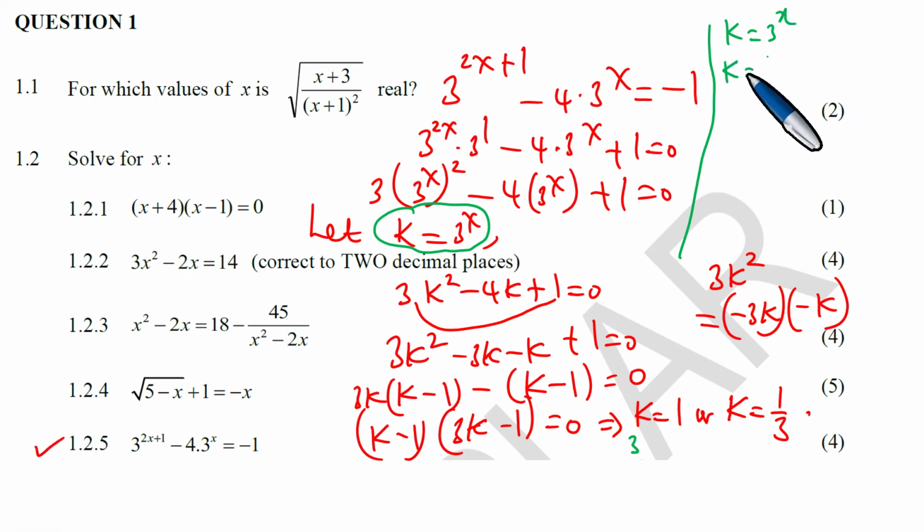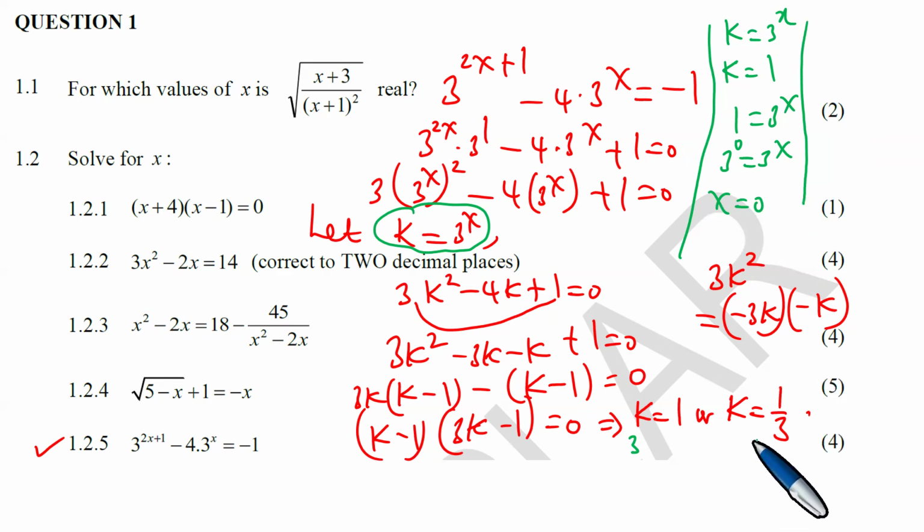For instance, case 1, k equals 1. So you put 1 equals 3 to the power x. Because 1 is 3 to the power 0, if the bases are the same, both 3, you equate the exponents, meaning x equals 0. You equate the indices, in other words.